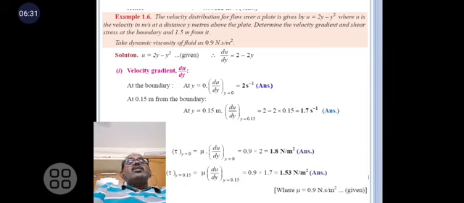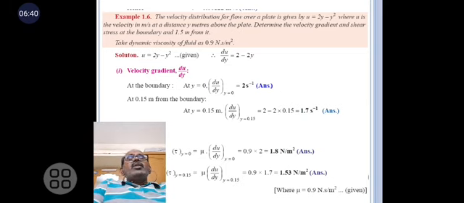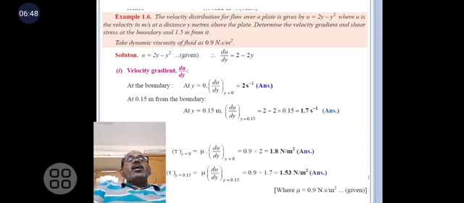Take dynamic viscosity as 0.9 Newton second per meter square. With u equal to 2y minus y square, we differentiate with respect to y. Du by dy is equal to 2 minus 2y. First we calculate the velocity gradient at the boundary, at y equal to 0. Du by dy is equal to 2.